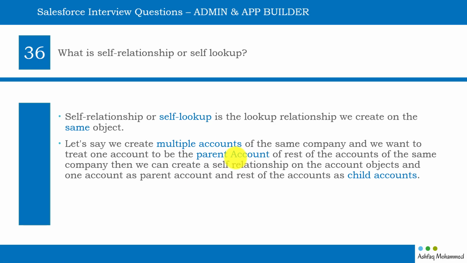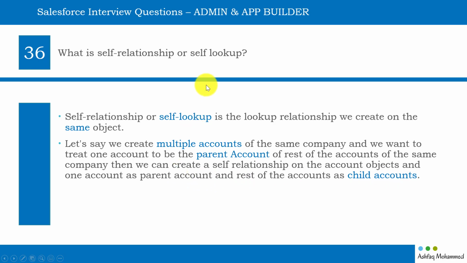This has already been given. If you open an account, you will have a parent account relationship field. You can give the lookup to the parent account. You can go ahead and try it for custom objects. For the rest of the accounts of the same company, we can create a self relationship on the account object, with one account as the parent account and the rest as child account records.